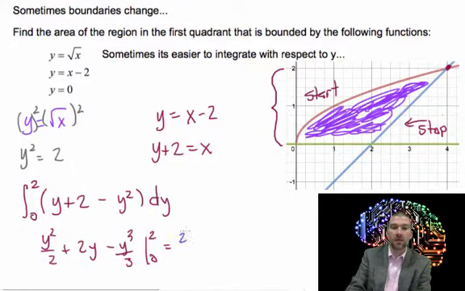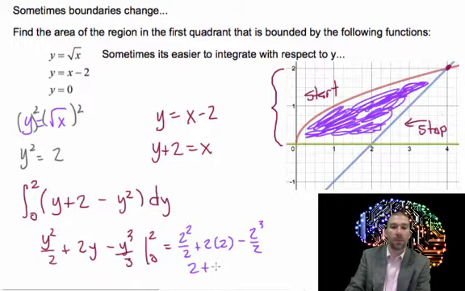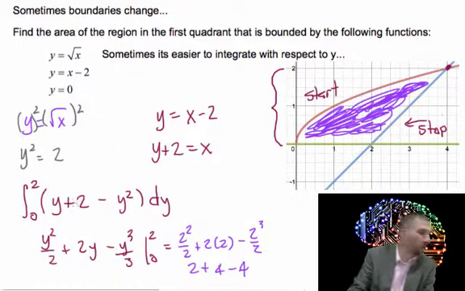So it would be 2 squared over 2 plus 2 times 2 minus 2 cubed over 3. And remember, if you put zeros in all those places, you just get 0. So 2 plus 4 minus, what's that, 8 divided by 3? No, 2 cubed is 8. 8 divided by 2 is 4. What have I got wrong here?